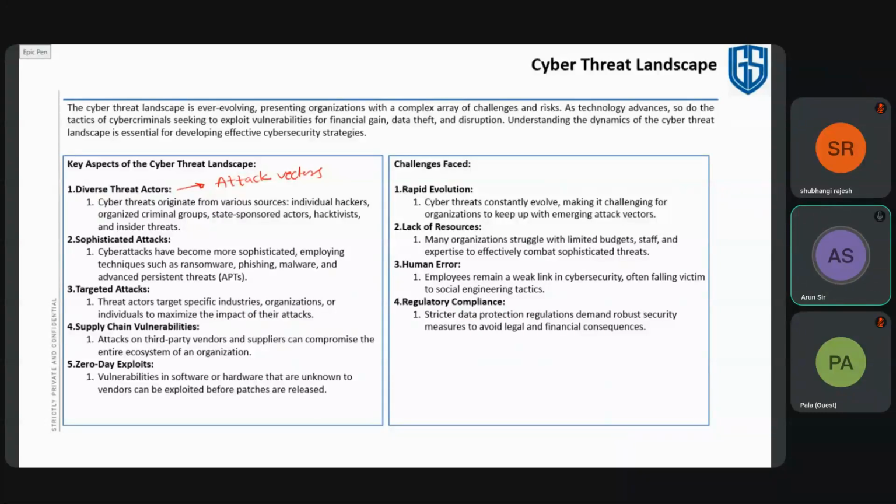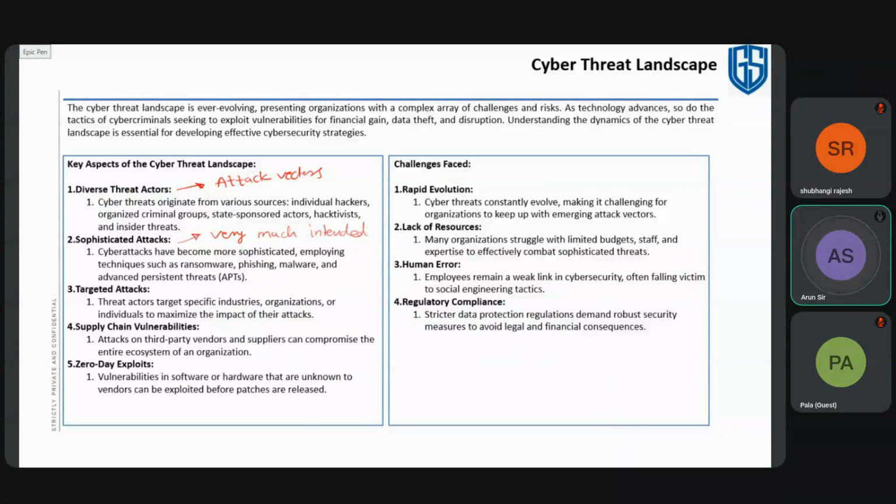Next is the sophisticated attack. A sophisticated attack is very dangerous, and it is very much intended. If someone is targeting an organization, then they can definitely go for various different tactics to get into the system.